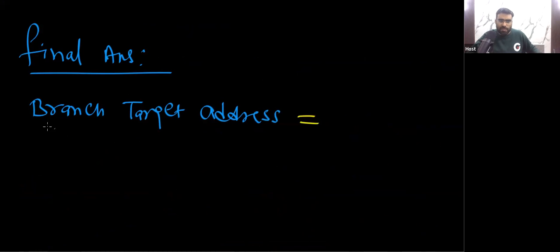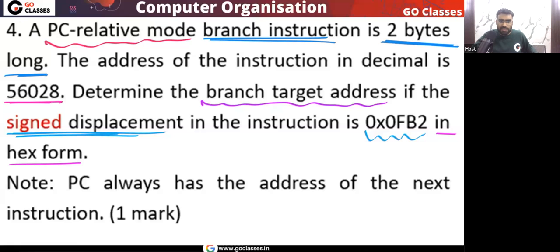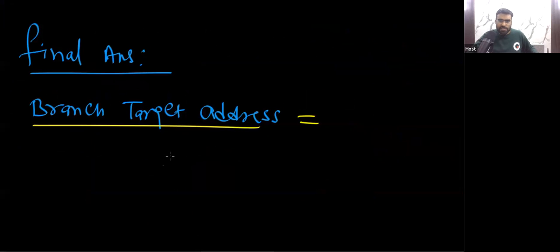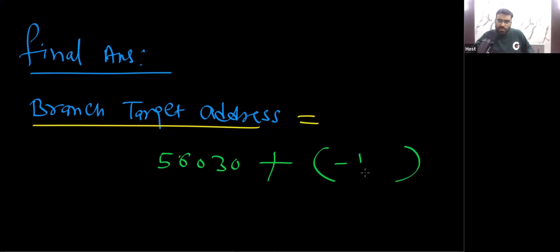Branch target address will be the PC value, that is 56030, plus this value, this minus 126. Okay, is this clear?